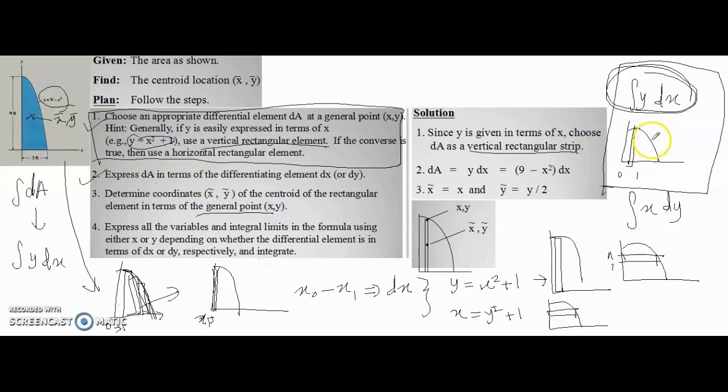Because you are using the vertical rectangle element, if I can zoom it, the rectangle element is like this. Your coordinate must be somewhere here.